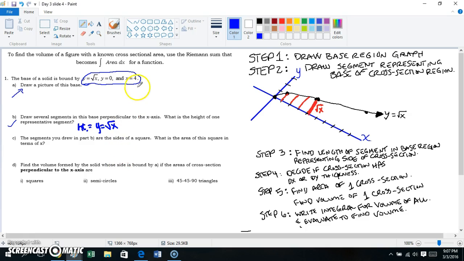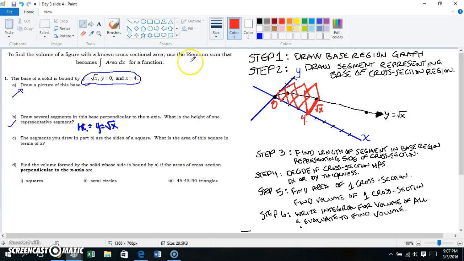All right, these segments are the sides of a square. So if you can imagine those squares coming up out of the base, smaller ones closer to the origin, the largest one being a 2 by 2 square, since we're going to 4.